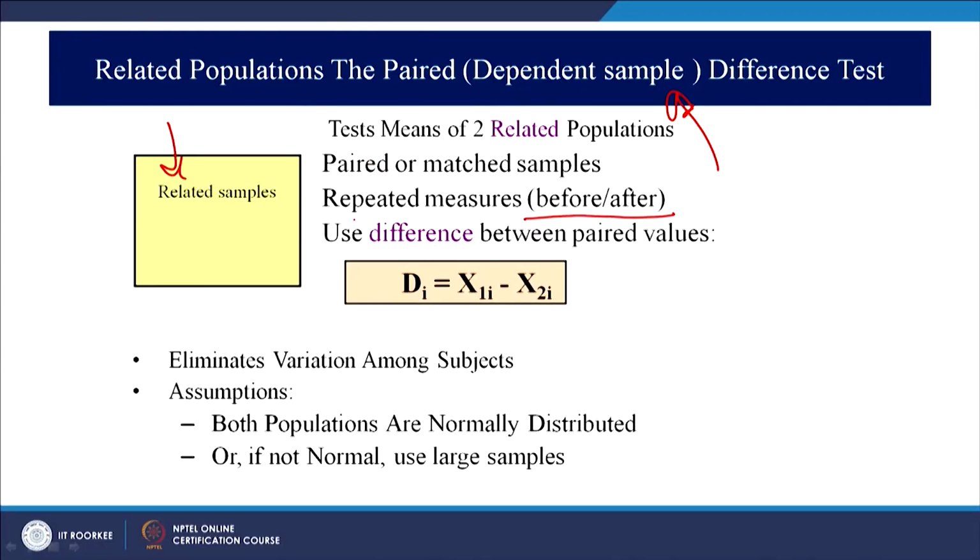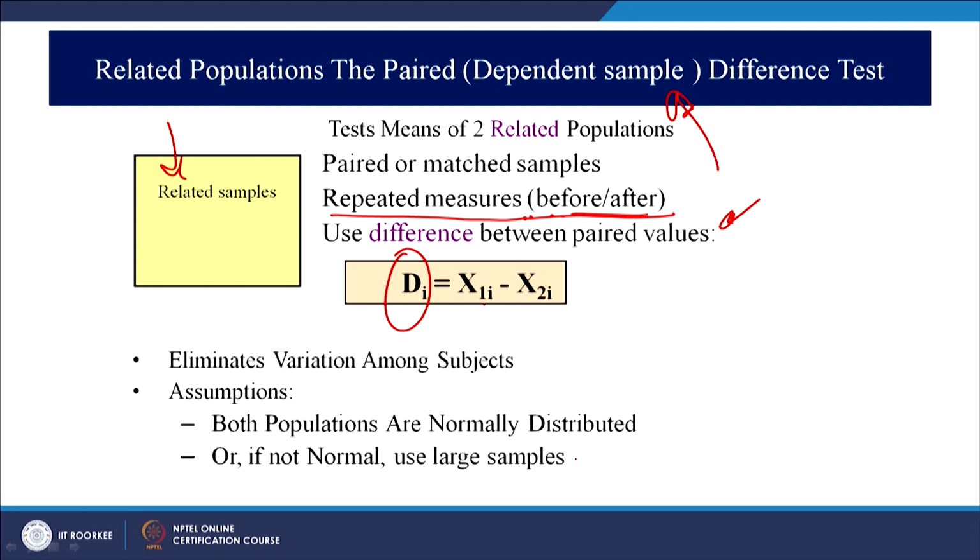Only the thing is the repeated measures happen over there, before and after. So, the difference in mean would be this. So, d i is the difference. So, x 1 i, x 2 i, similarly you can have x 2, x 3 and so on, right.